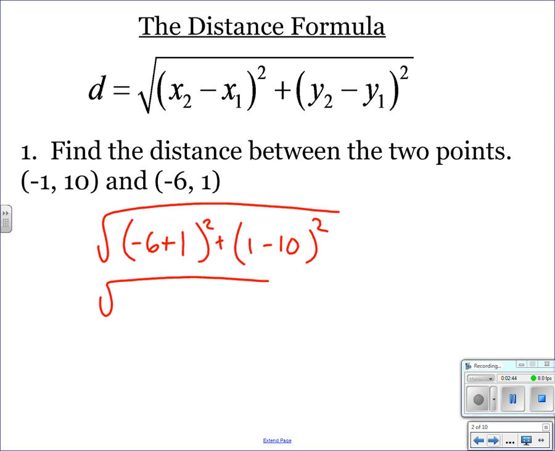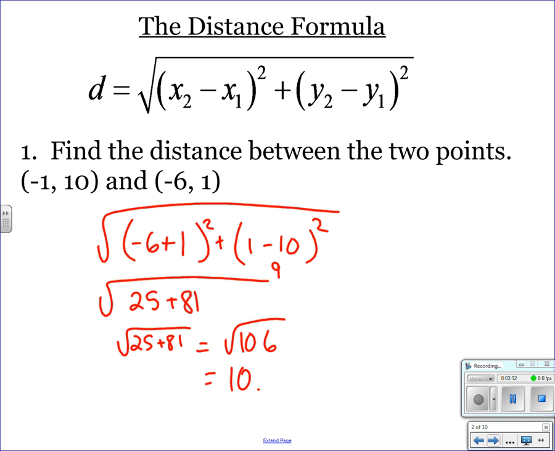So I have -6 plus 1 is -5. -5 squared is 25. 1 minus 10 is -9, squared is 81. So I find the square root of 25 plus 81, and that's the square root of 106. I want you to be able to leave that in simplest radical form, but also type that in your calculator to the nearest tenth to get 10.3.